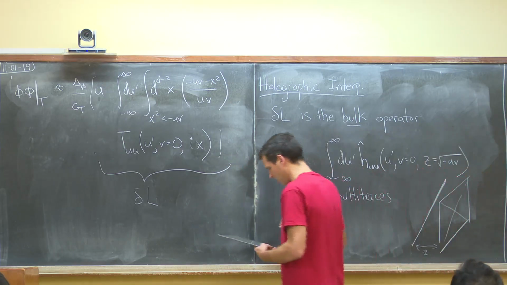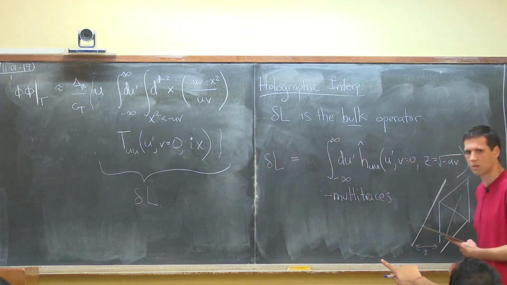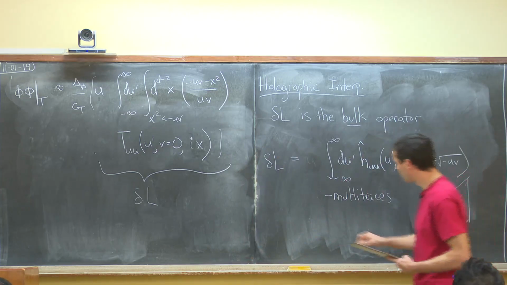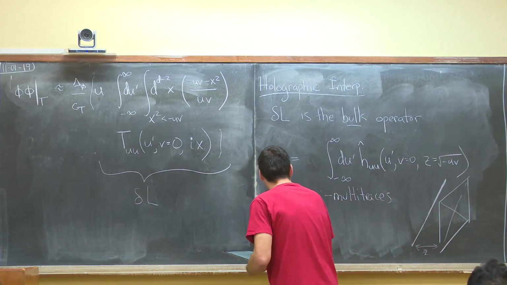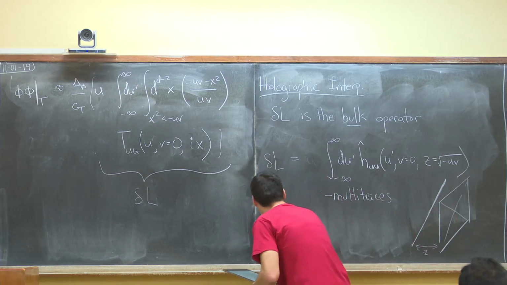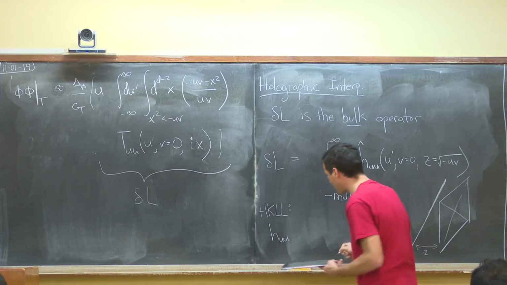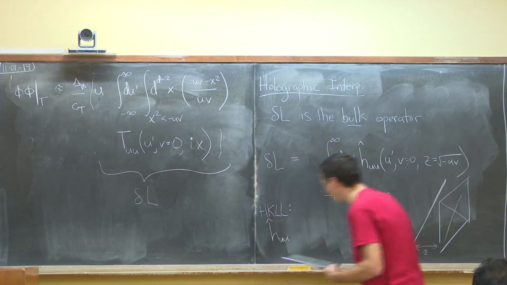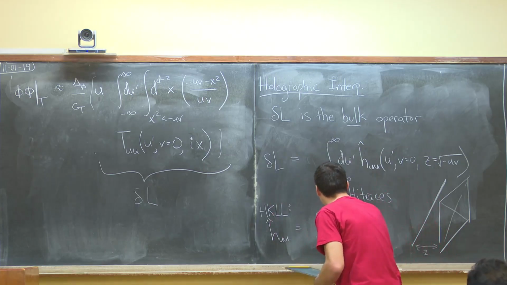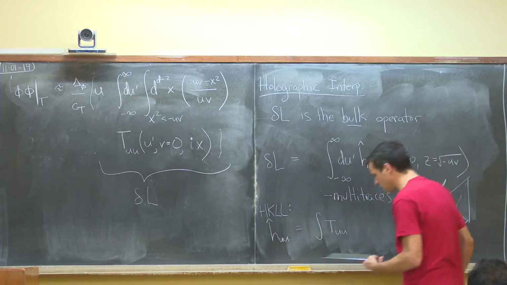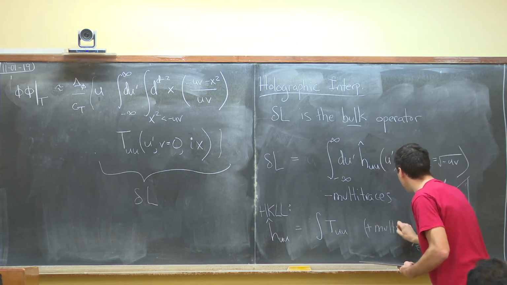Yeah. So are you expecting J at the boundary to be related to T_UU, right? But J is at minus. Yes. Let me write the HKLL formula. It says that H_UU as an operator, put that hat again, is equal to some smearing integral of T_UU in the CFT plus multi-traces.